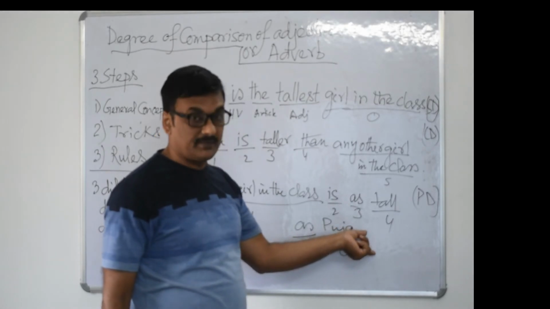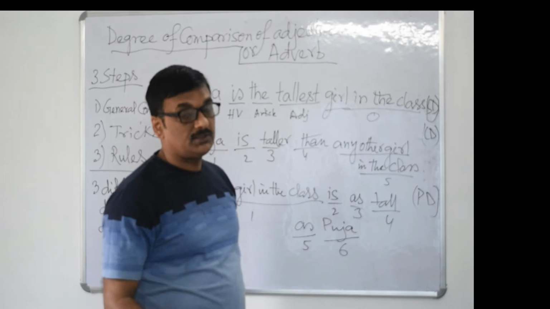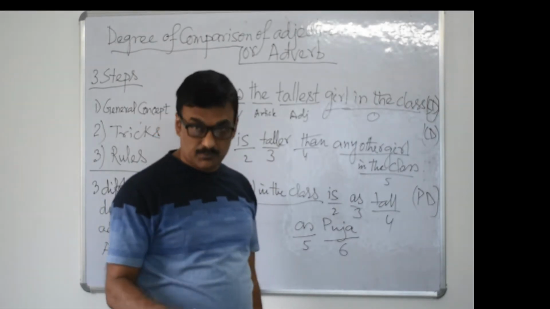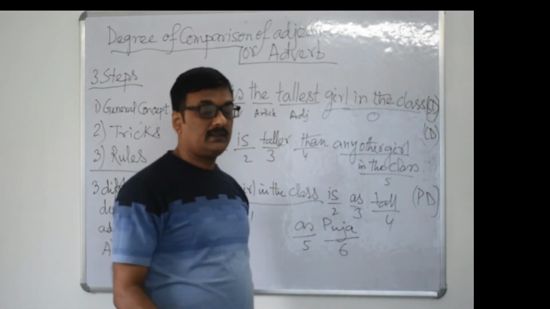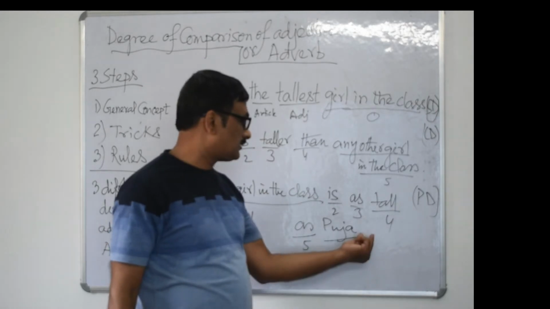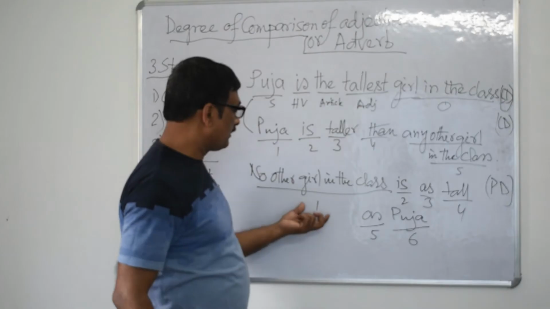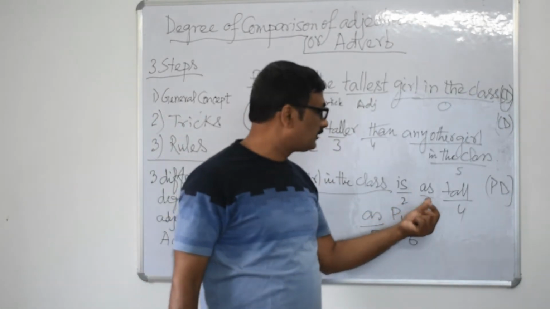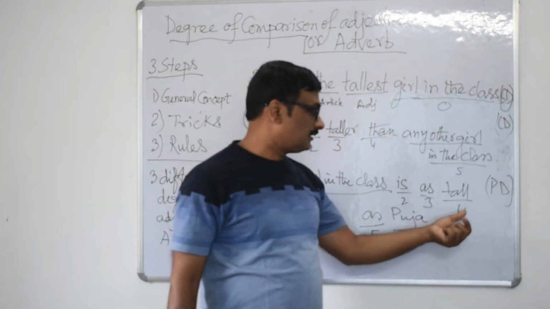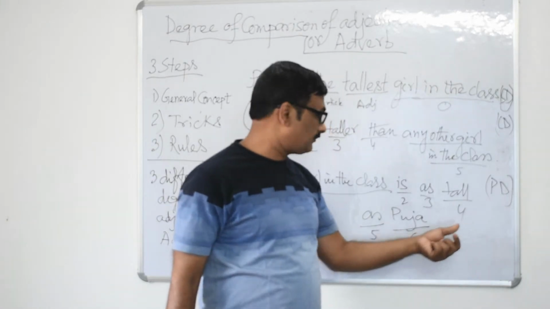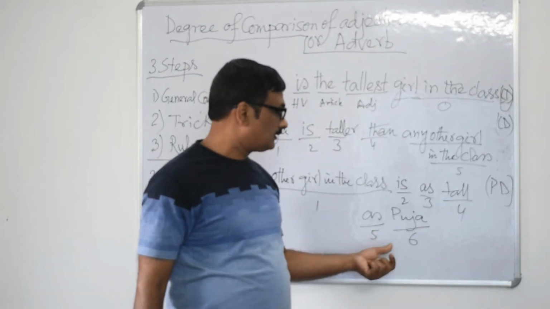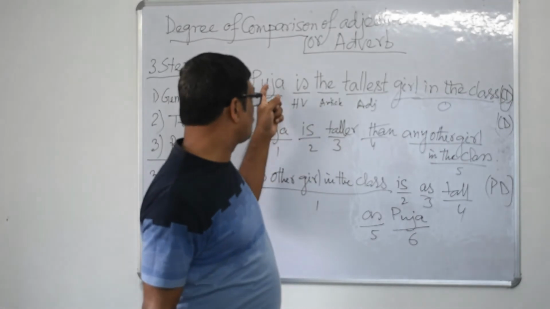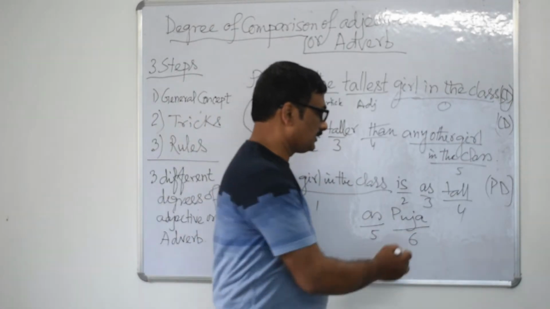But if the verbs are different with the change of subject according to singular or plural, then in that case the verb is to be mentioned here. So this is the rule. First comes "no other girl in the class", then the helping verb, then "as", then the positive form of the adjective, then another "as", then the subject of the positive, comparative and superlative degree comes here.